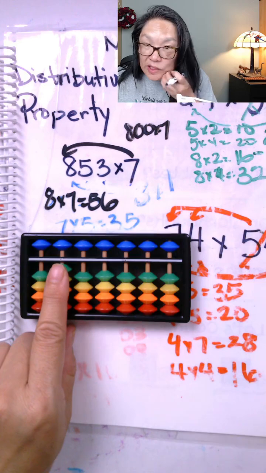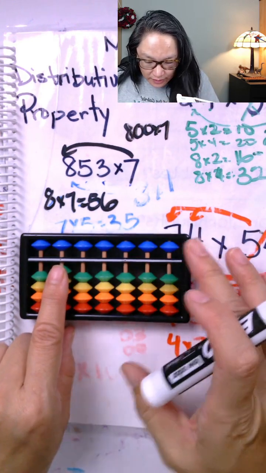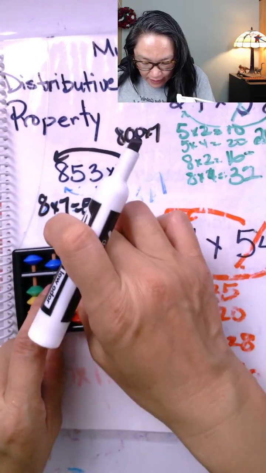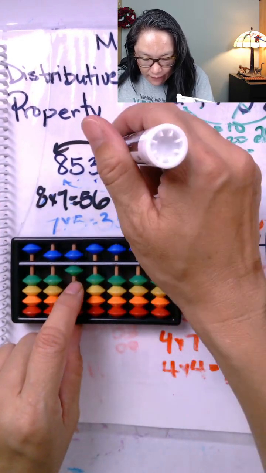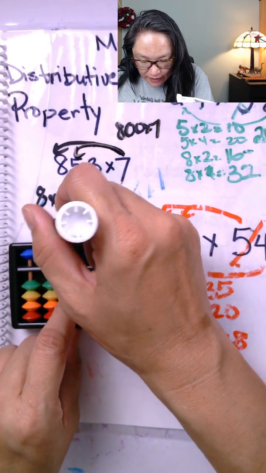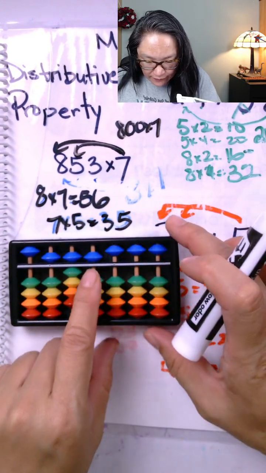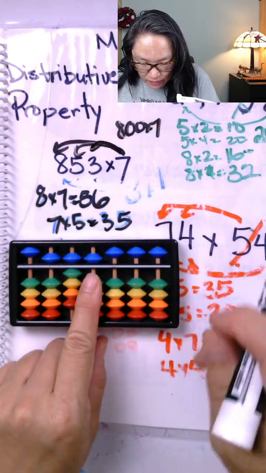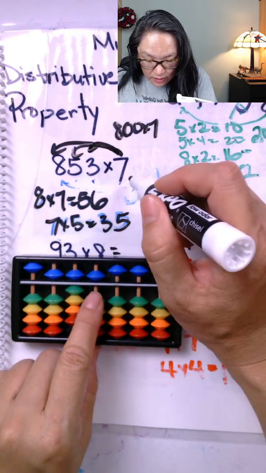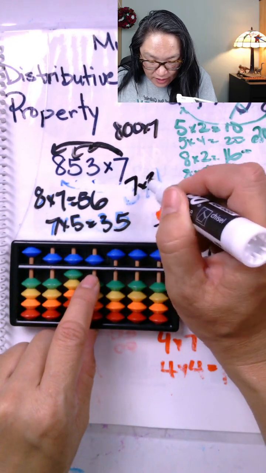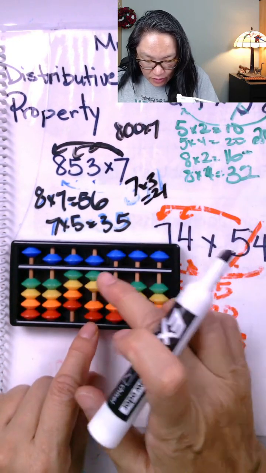Okay, hold on just a minute. So we did 56. Add our 5, add our 6. 5 times 7 is 35. Add the 3, add the 5. 7 times 3 is 21. Add the 2, add the 1.